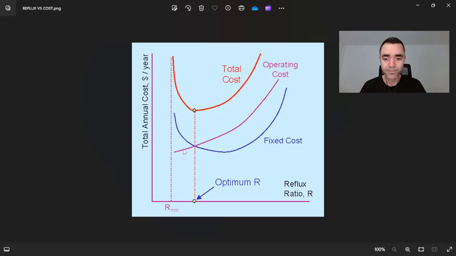And because of that, my operating cost increases. So by combining both curves, I have what is called the optimum reflux ratio. The shape of my total cost curve is like this one, and the minimum point is related to the optimum reflux ratio.